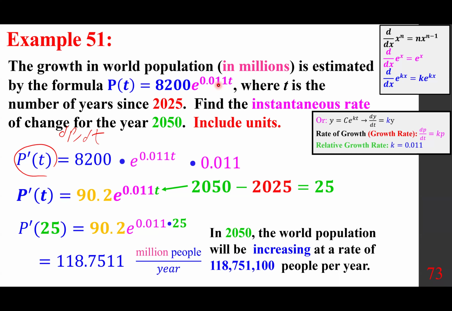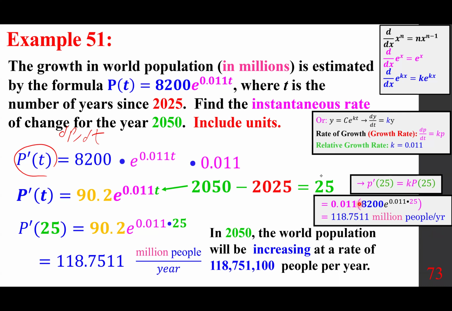Therefore, P prime of 25 is k times P of 25, which is 0.011 times 8200 e to the power of 0.011 times 25, and you get the same answer.